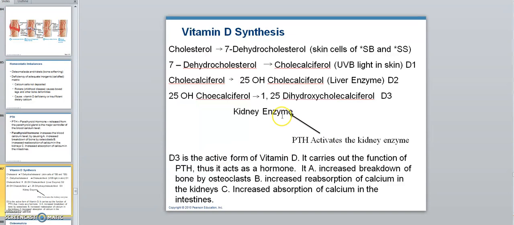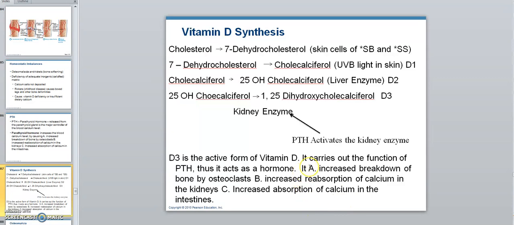PTH activates vitamin D. Vitamin D's job primarily is it can increase bone breakdown, but really what it does more is increase reabsorption of calcium in the kidneys and absorption in the intestine. So vitamin D is very important for absorption of your calcium in the intestines.